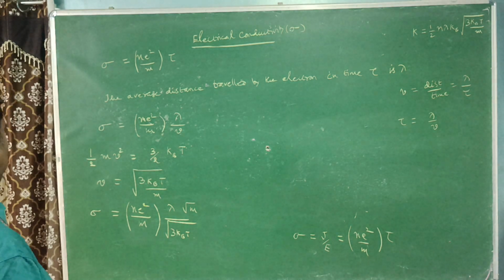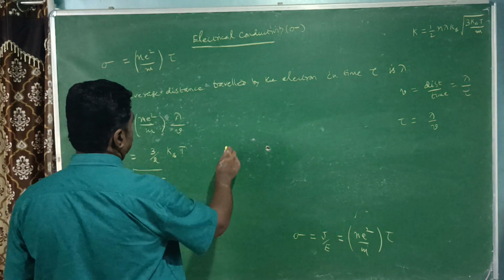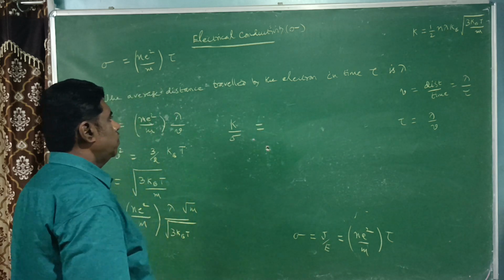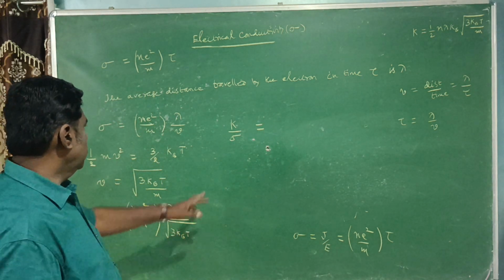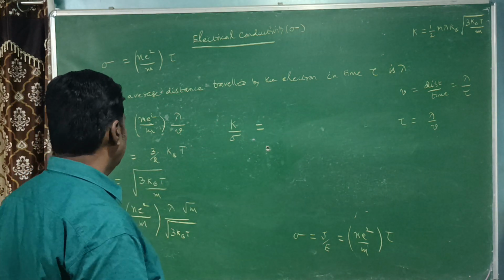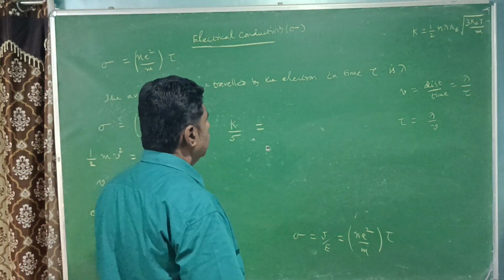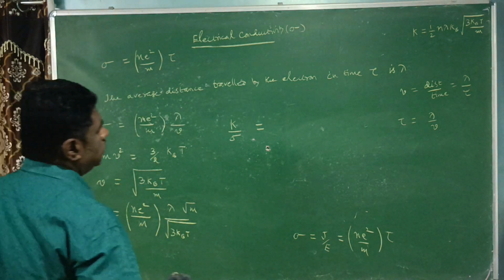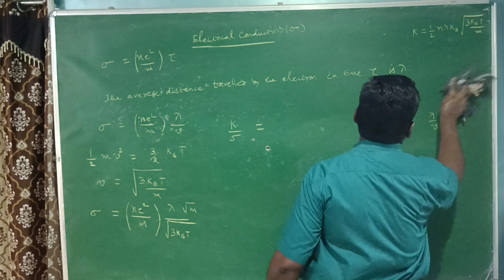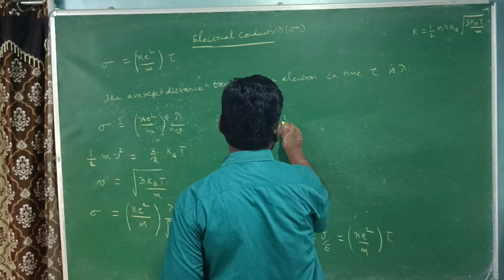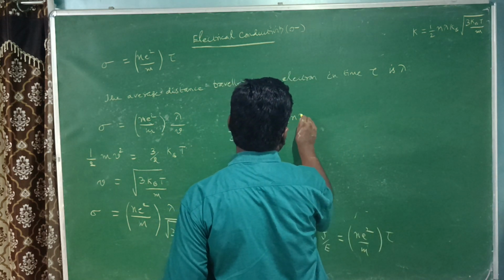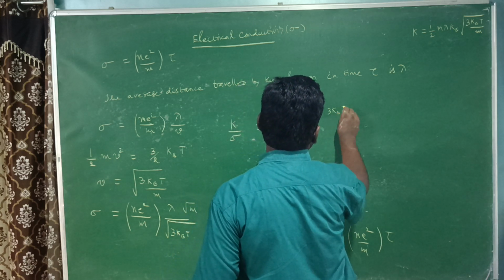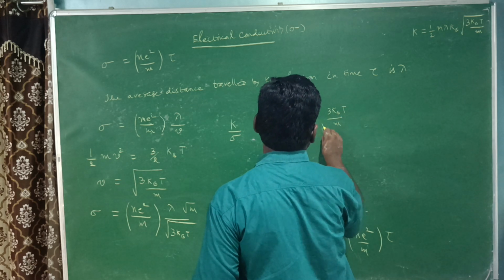Now come to our Wiedemann-Franz law, K by sigma. We will derive the Wiedemann-Franz law. K is our thermal conductivity, sigma is the electrical conductivity. Now we have to substitute the value of K. K is 1 by 2 n lambda k_B root of 3 k_B into T by m inside root.